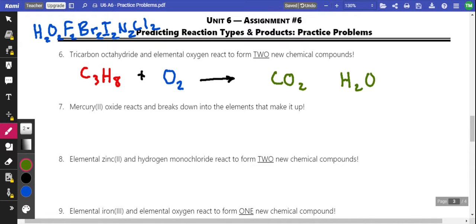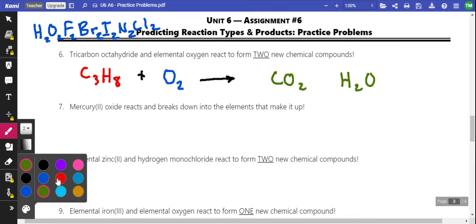Now to write that out and balance it is another thing. But to get the products, it's always going to be CO2 and H2O for a combustion reaction. So they can be tricky to balance, but they're the easiest to predict the products for because you don't even have to try and rearrange the atoms and say what pairs up with what. You are going to get CO2 and H2O if this is a combustion reaction, and this is.